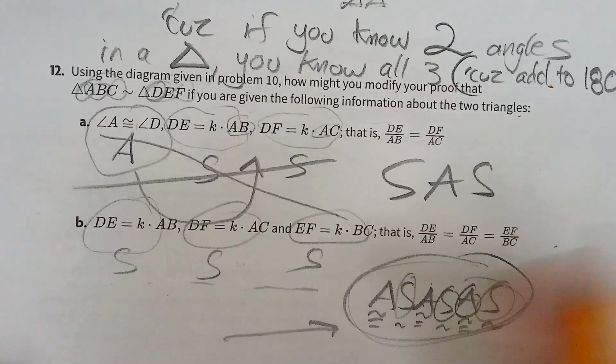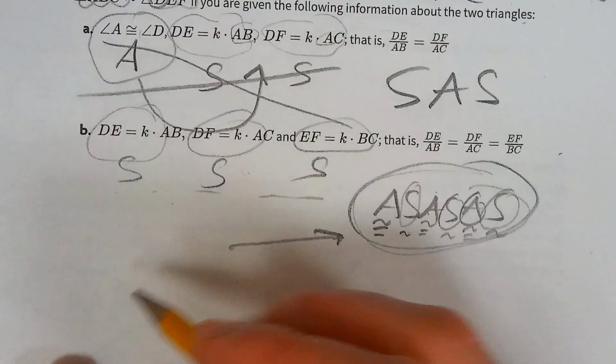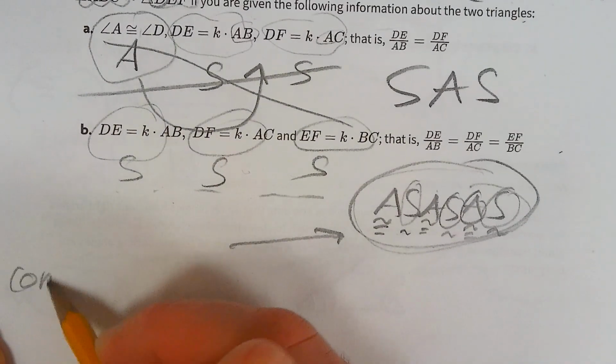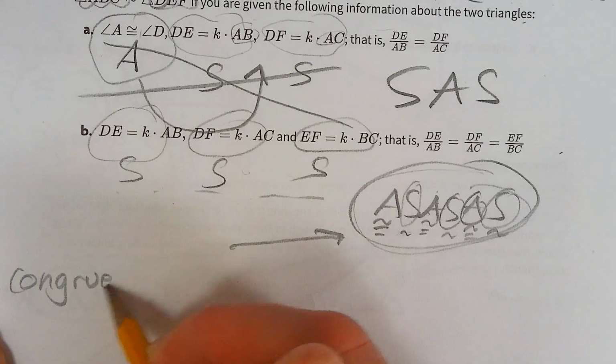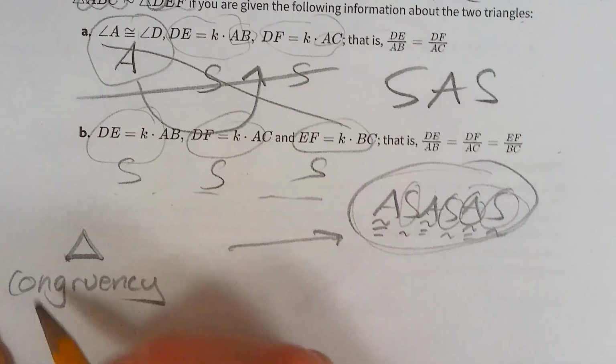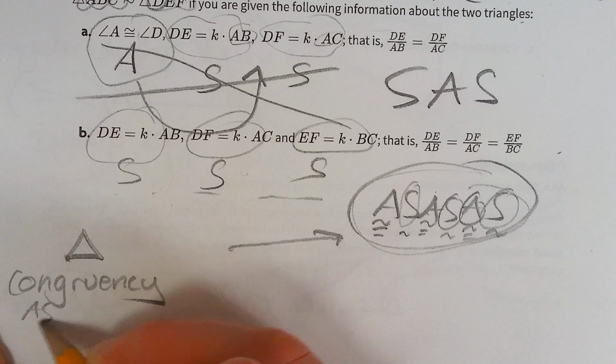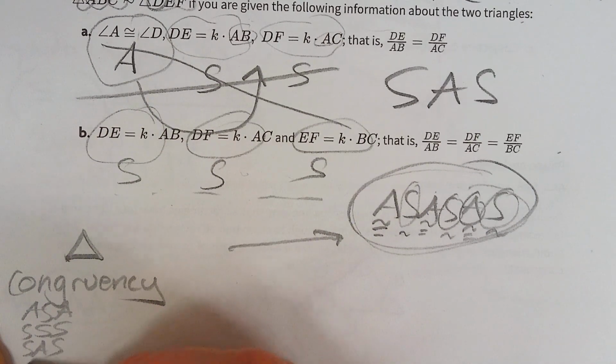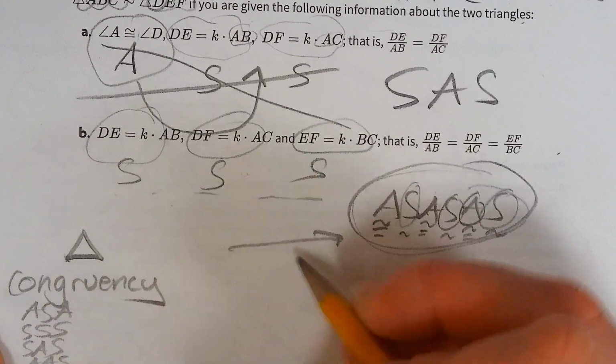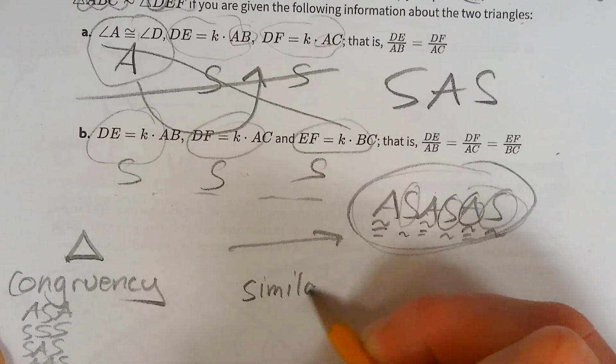So let's relate this really quick to congruency. For triangle congruency, we had ASA, SSS, SAS, and then AAS. For similarity, what proves similarity?